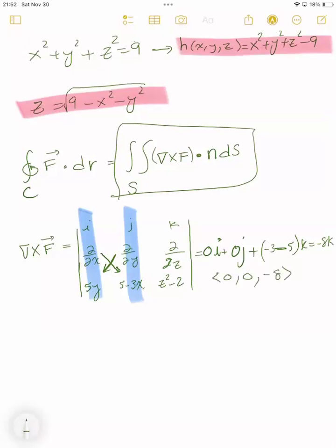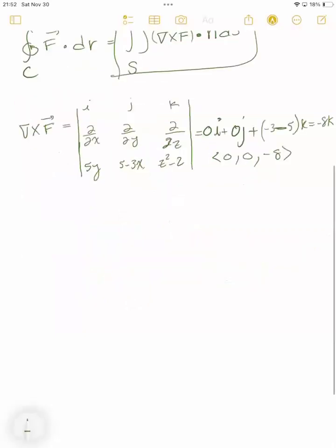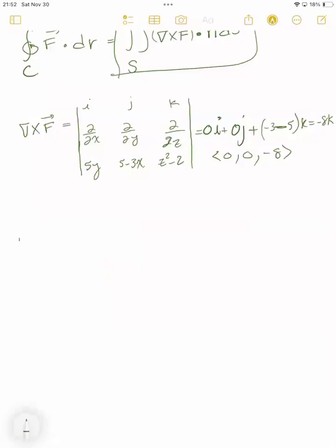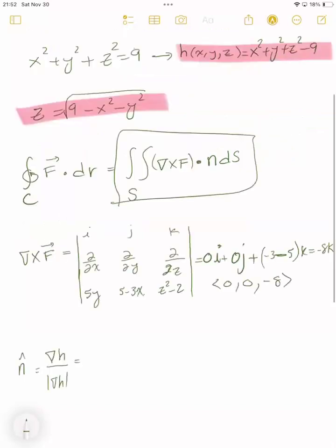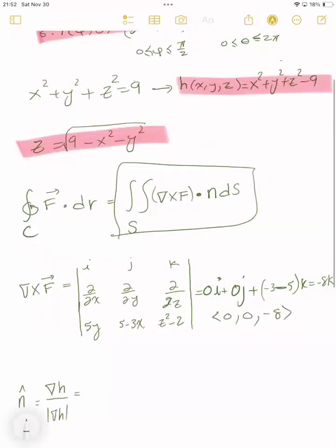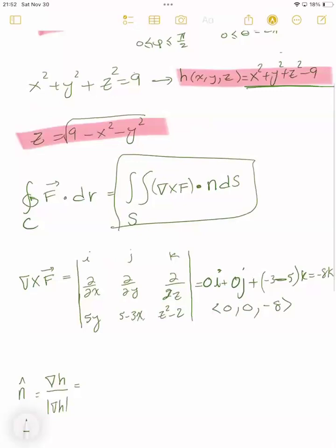Next, we are going to find n. And to find n, we are going to look at del h over the magnitude of del h, and del h is equal to 2x i plus 2y j plus 2z k.